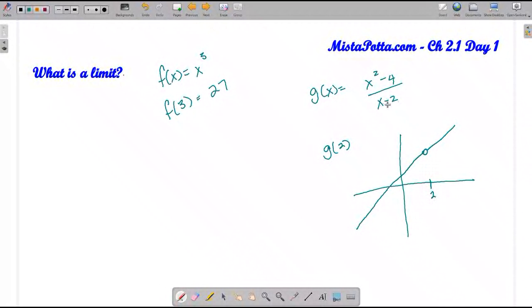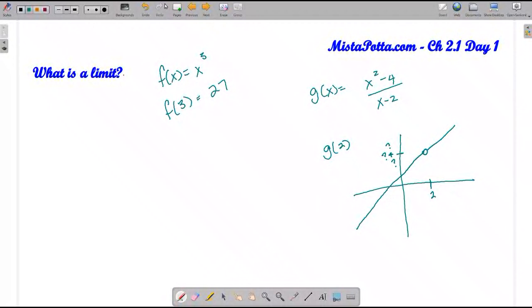I can't have a point at x equals 2. But what I've got here is a hole that has a certain property. I can get as close as I want to this value of 4. So the question is, why is this 4? How do I get to that point? And that really is the concept of a limit.